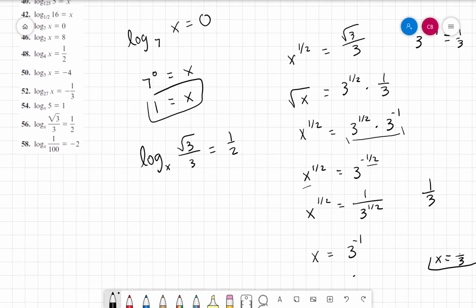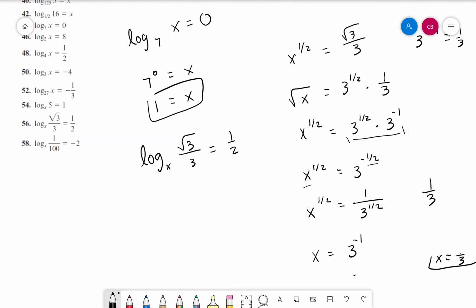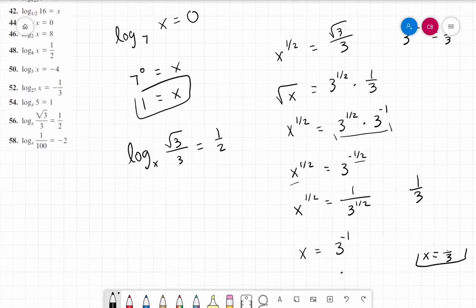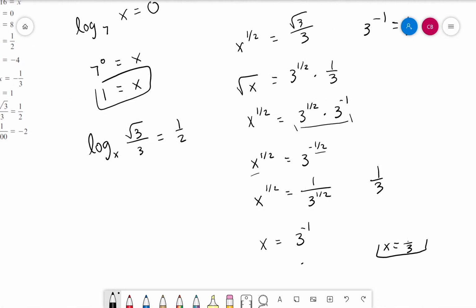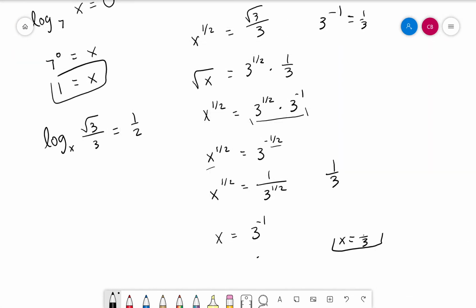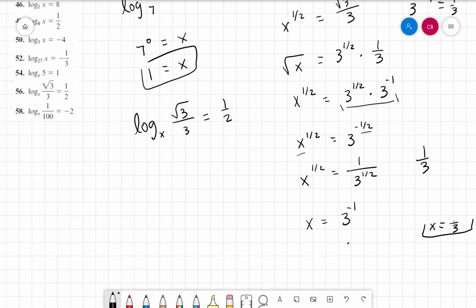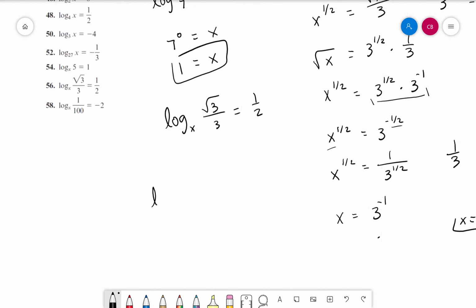And let's test it. Let's make sure. Let's do that real quick. If x is 1/3, let's just verify this because this is a trickier one. Log base 1/3 of the square root of 3 over 3 equals 1/2.